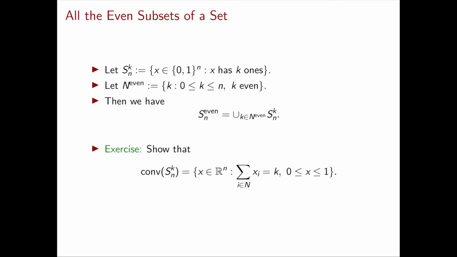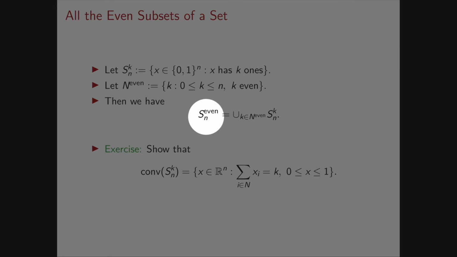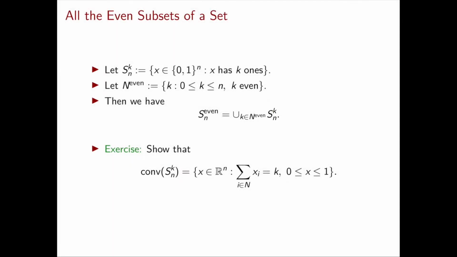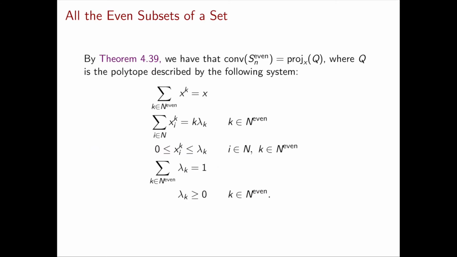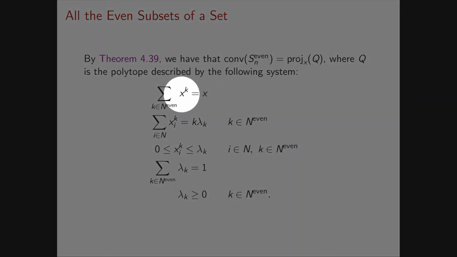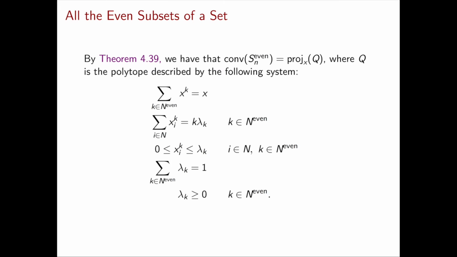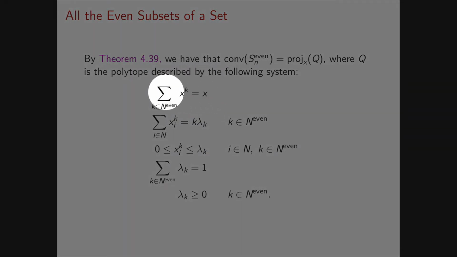So at this point, we want to obtain the convex hull of S_n^even as the union of the convex hulls of the S_n^k. Great, so we can directly use Balas's result, and here it is. So we create, again, one copy of the x variable for every k in n even, and so we have that the original variable x must be the sum of all the x^k's.